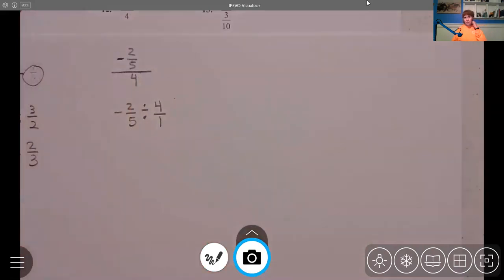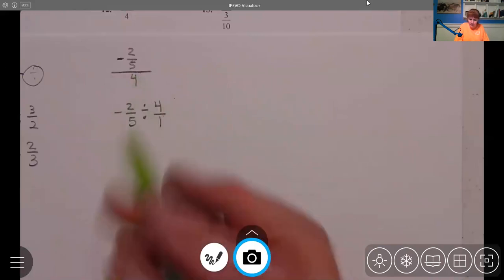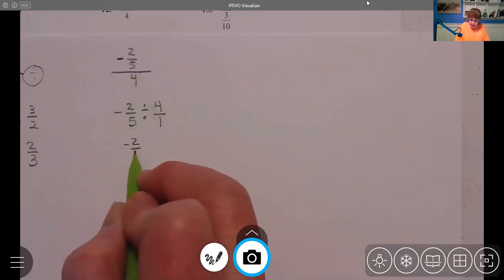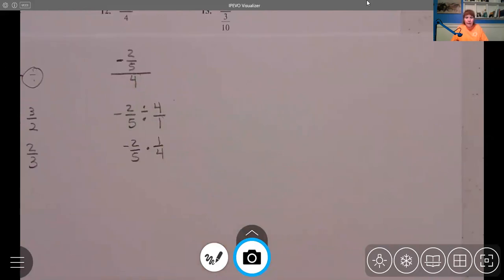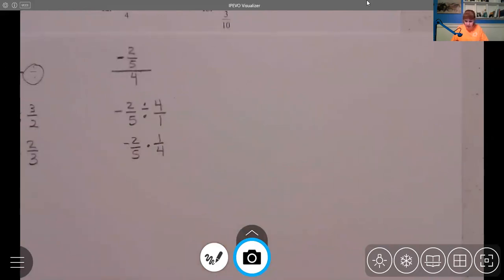You can put your integers over 1. Now I know my answer will be negative, so you can kind of ignore it for a while if you want to, because I've got one negative and one is odd. So once you rewrite it like this, you can do your copy, dot, flip. Okay. And then reduce it and multiply.